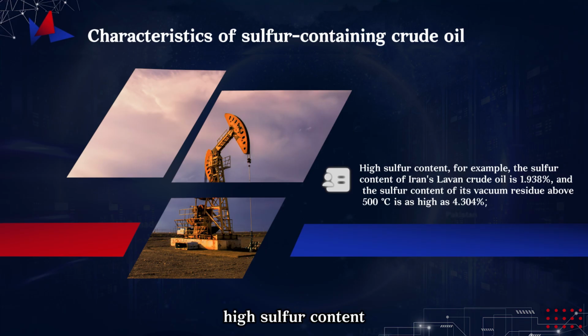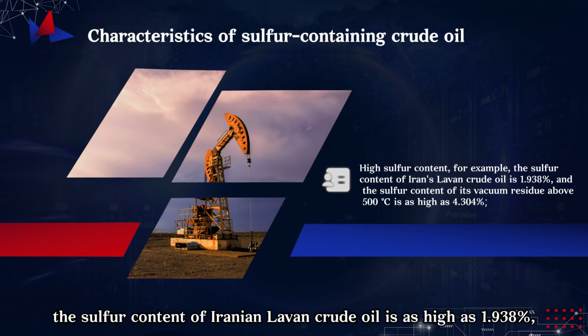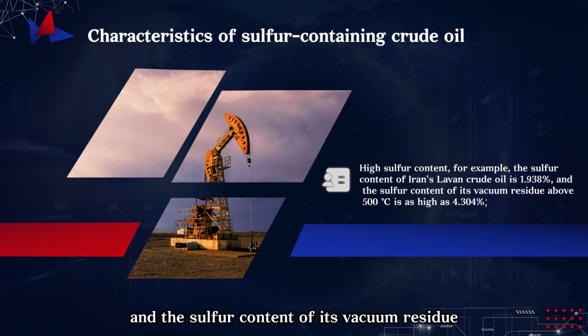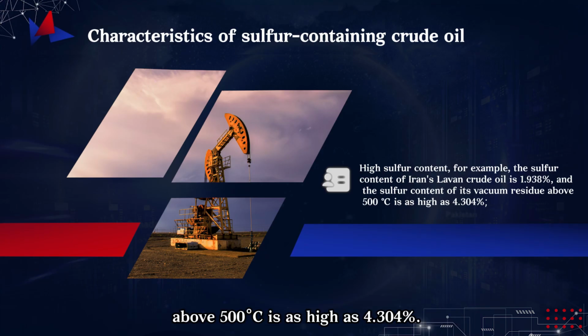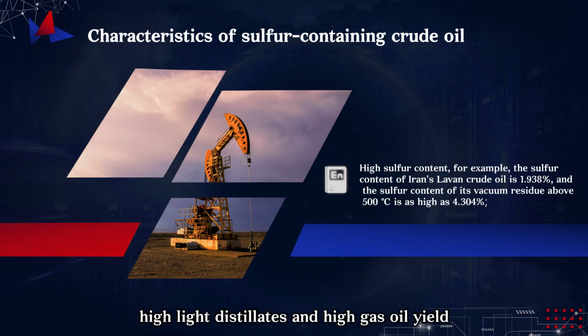First, high sulfur content. For example, the sulfur content of Iranian Lavan crude oil is as high as 1.938%, and the sulfur content of its vacuum residue above 500 degrees Celsius is as high as 4.304%. Second, high light distillate and high gas oil yield.